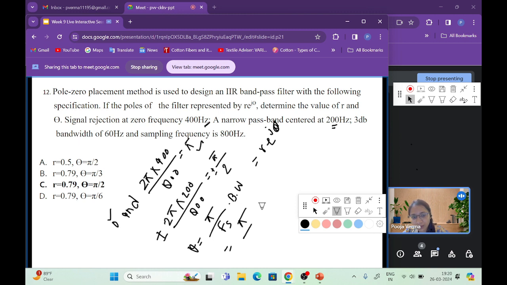Pi is given, fs is 800 Hz, and the 3 dB bandwidth is 60 Hz. Multiplying by 60, from here you will get 0.225.